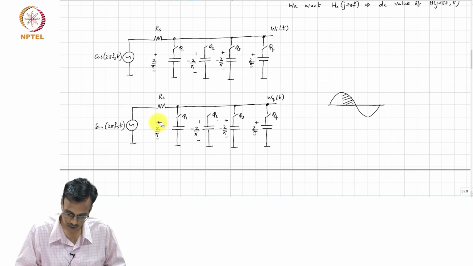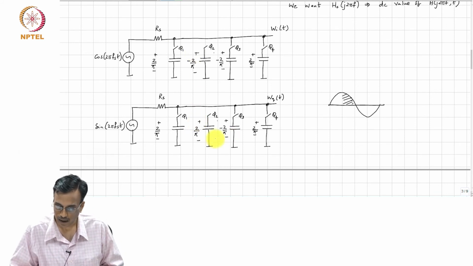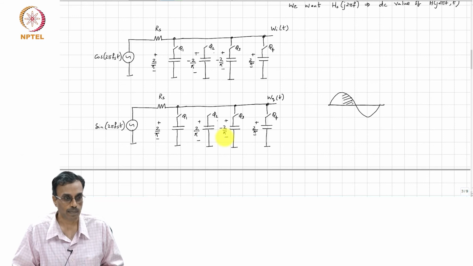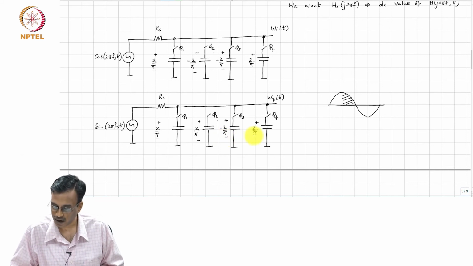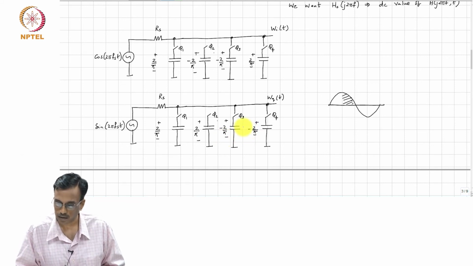So, that is going to be 2 by pi, and then we are going to have minus 2 by pi and again minus 2 by pi.